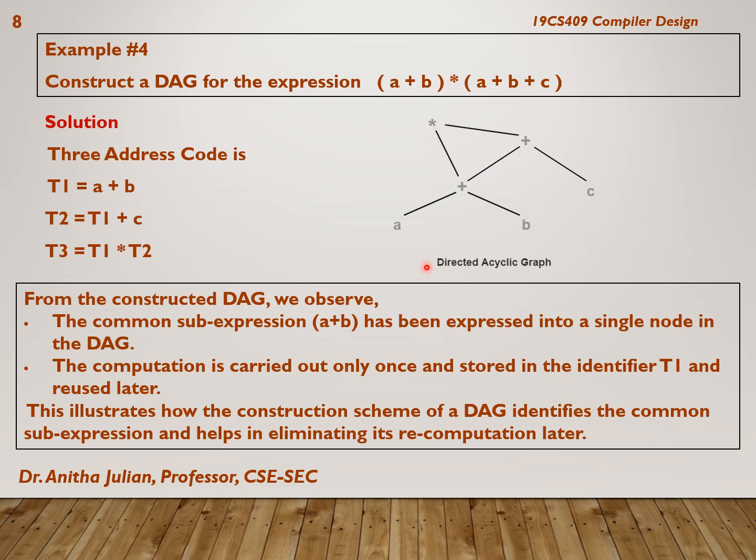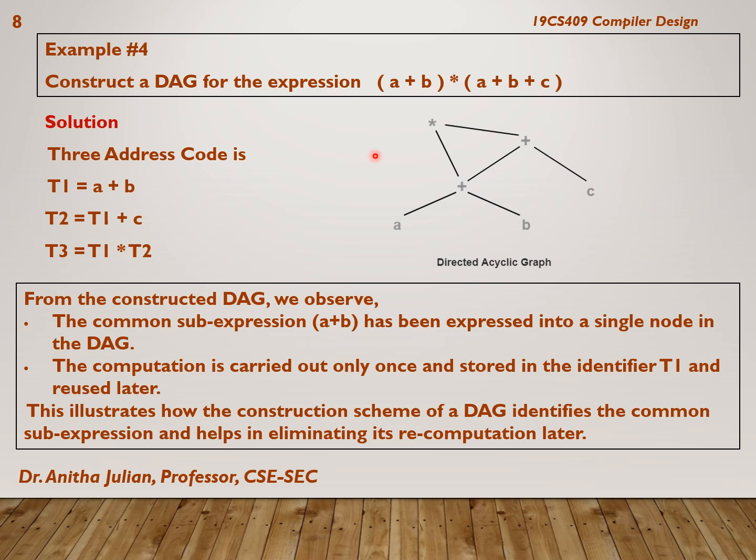This way all the leaf nodes are unique. But if I draw the syntax tree, you can try drawing it, we will have A appearing twice, B appearing twice, and C appearing once. So that is avoided here. Whatever sub-expression is common, here A plus B, has been eliminated.